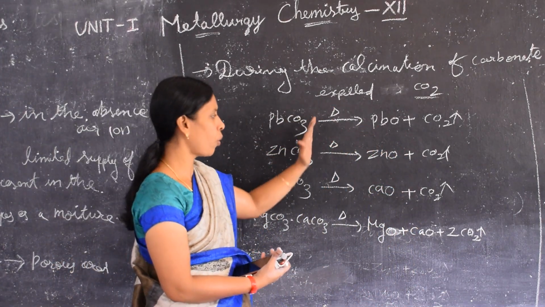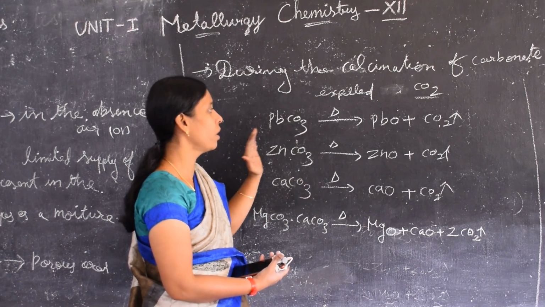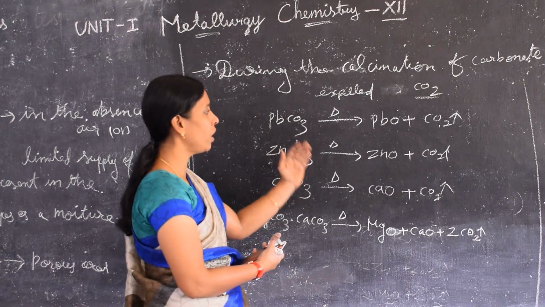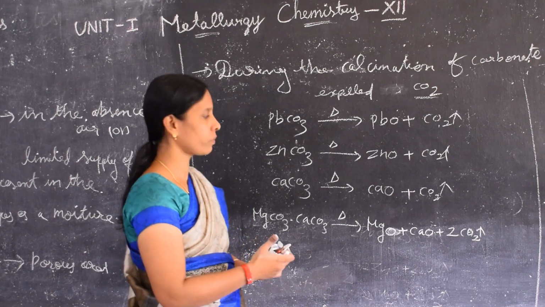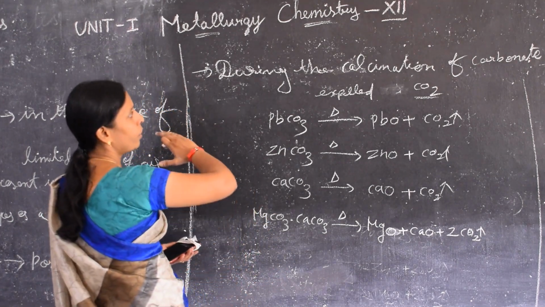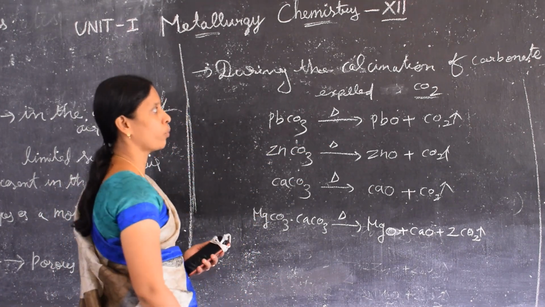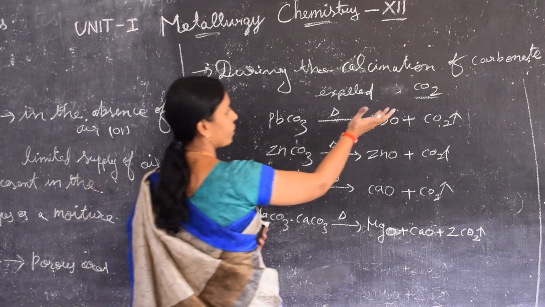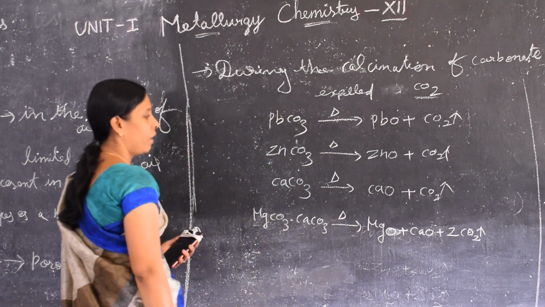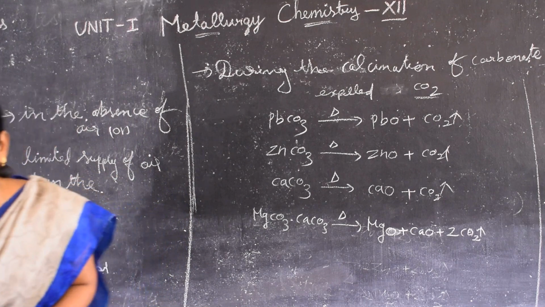Strongly heated this compounds in the absence of air or limited supply of air. Okay, so this is during the calcination of carbonate ores. பண்ணும்போது நமக்கு என்ன ஆகுது? Carbon dioxide வெளியில போகுது, expel ஆகுது, சரியா? Evaporate ஆகுது.